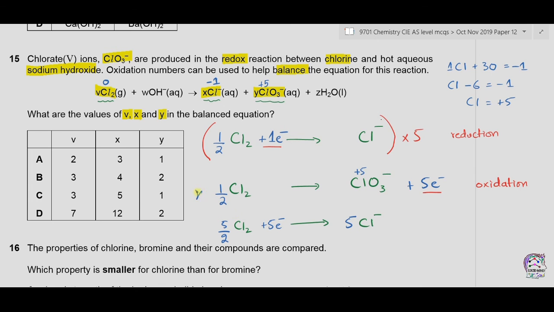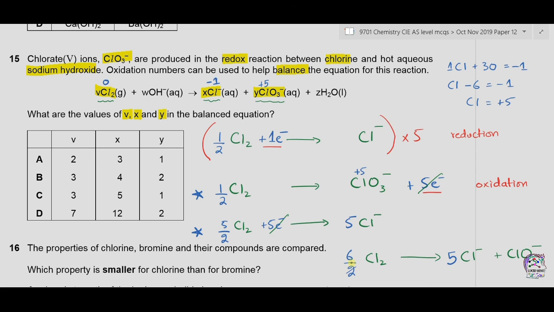Now combining both of these equations together, I can write 1/2 plus 5/2 will become 6/2 Cl2. Electrons lost and gained will be cancelled out. The product formed will be Cl negative and ClO3 negative, and with Cl negative there will be 5 moles.